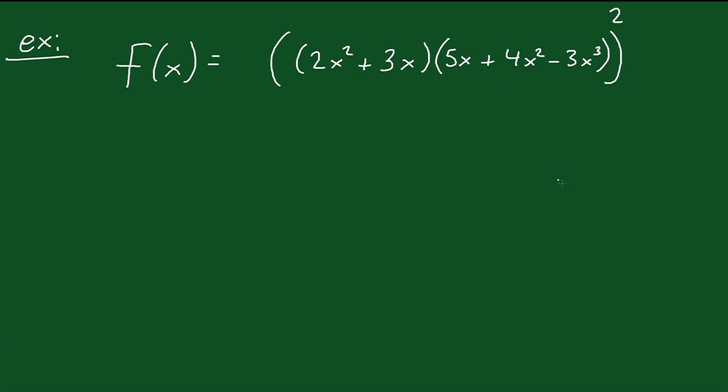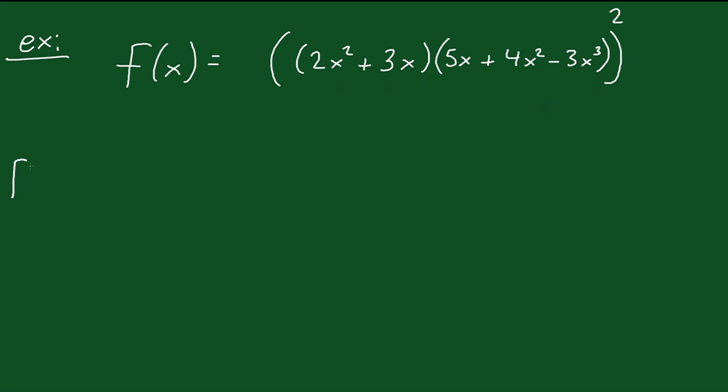Well, it's a little different from the previous ones because now the product rule is on the inside, whereas the part that's most on the outside, most generally speaking, is a power rule, right? Most generally speaking, we have a big bracket here, something squared, something to an exponent. That tells me that most generally this is a power rule. On the inside is where we see a product rule, right?